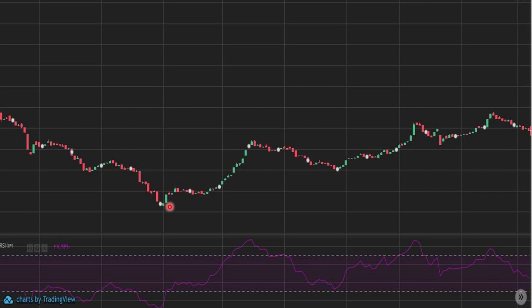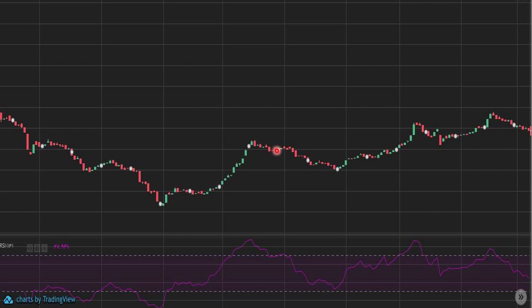After that the price starts an upward movement until here, and this tells us buyers have started to buy in this market, and after that we get a selling signal here from this indicator.